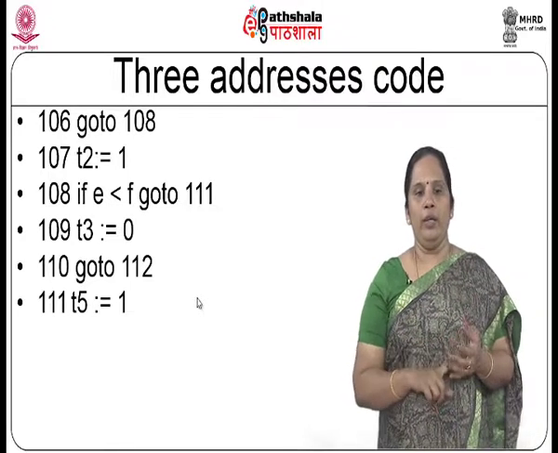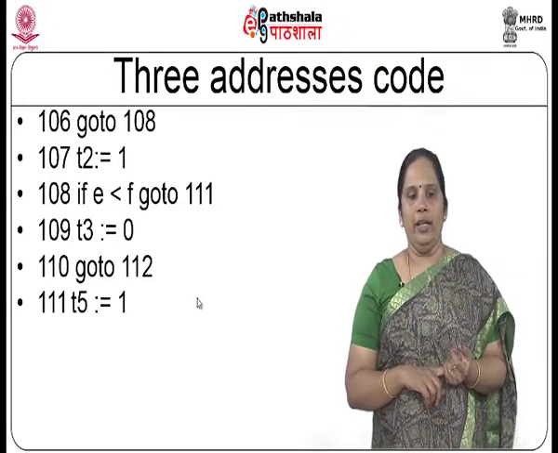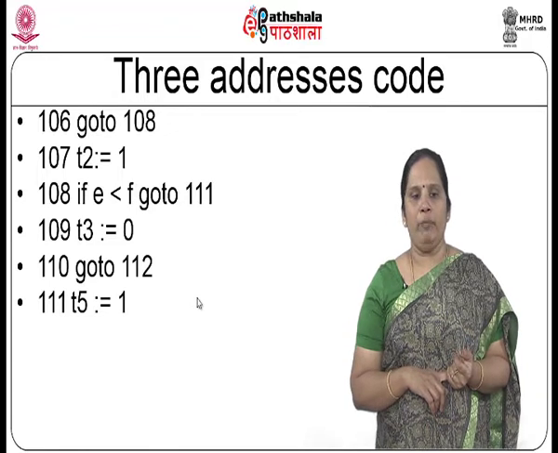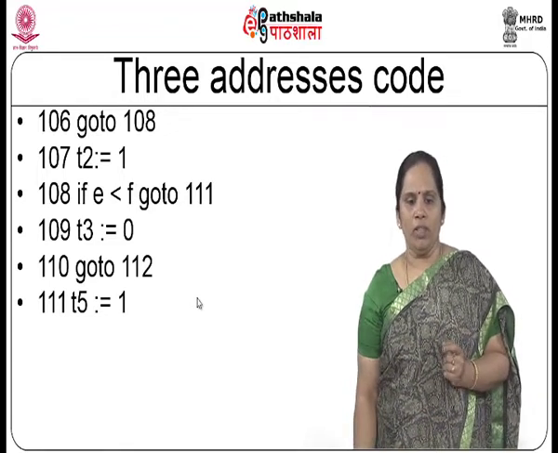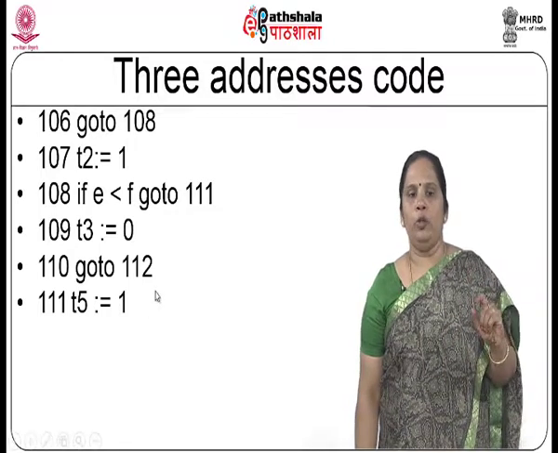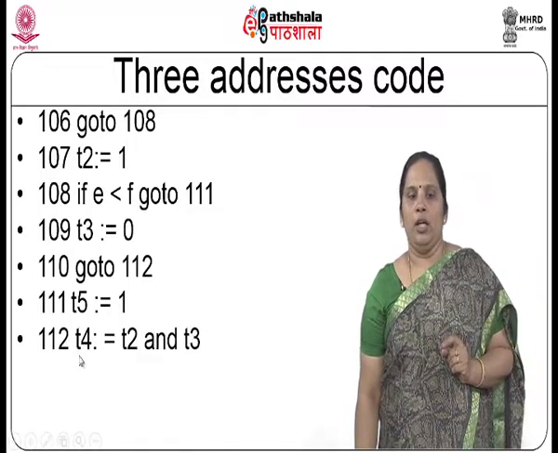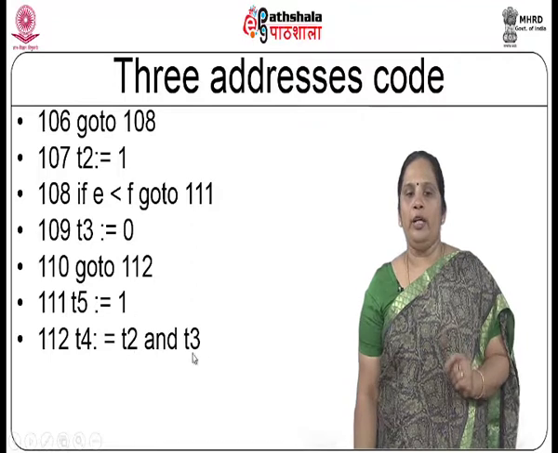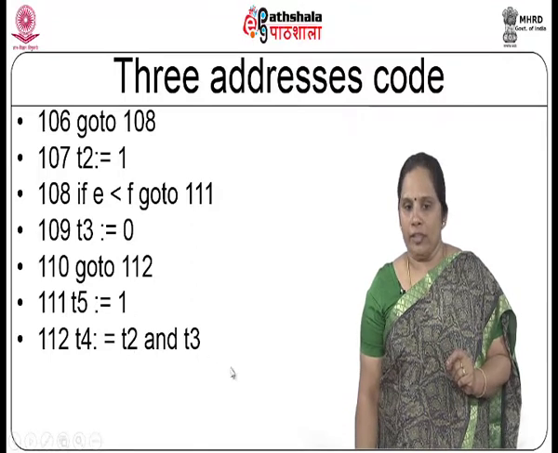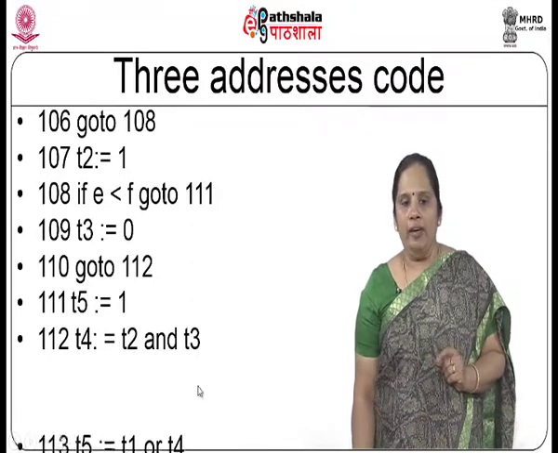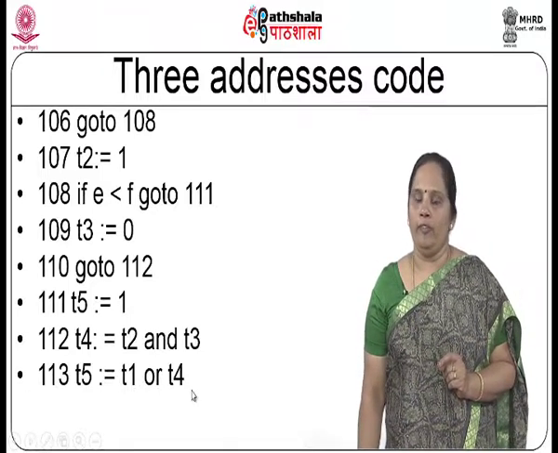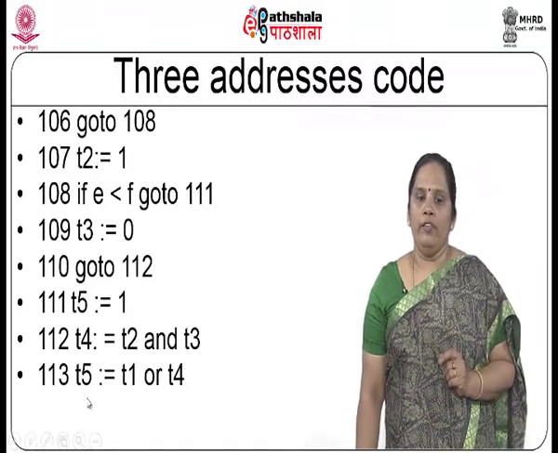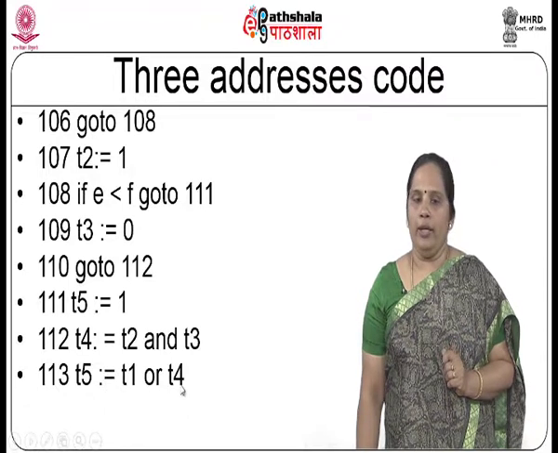T1, T2 and T3 have all been set to 0 or 1 here, and therefore, they correspond to the individual expressions. So, now T4 is equal to T2 and T3. I am doing an AND first, and then T5 is equal to T1 or T4. Okay. T5 is equal to T1 or T4.